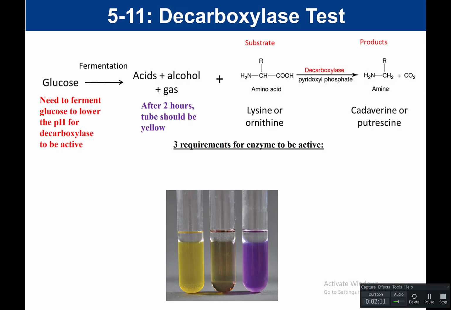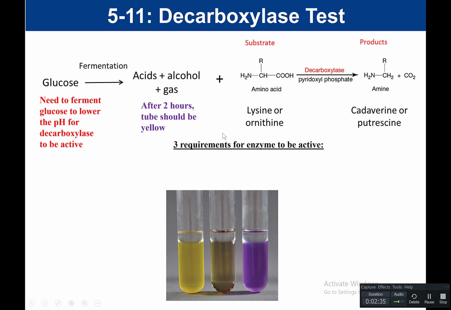So initially, your tube is going to look yellow because the bacteria ferment the sugar. And when they ferment the sugar, they produce the acids. Bacteria need to have those acids for the reaction to occur. So acids need to be produced, and then we can start to see decarboxylation.